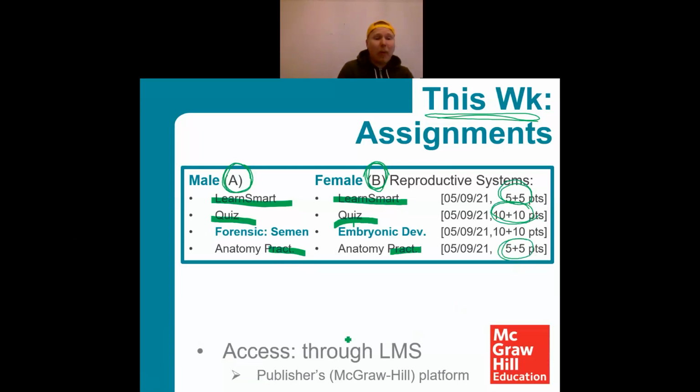There is also one thing that's going to be a little different from our typical week, but not something you would be totally unfamiliar with. We will have labs. The lab on the male reproductive system is about the forensic examination of the semen, and for the female system, we're looking at the embryonic development of a human.